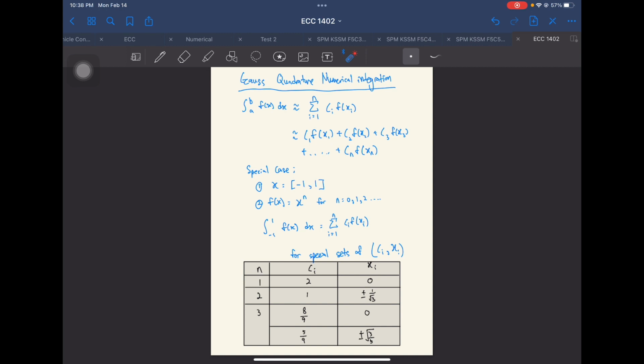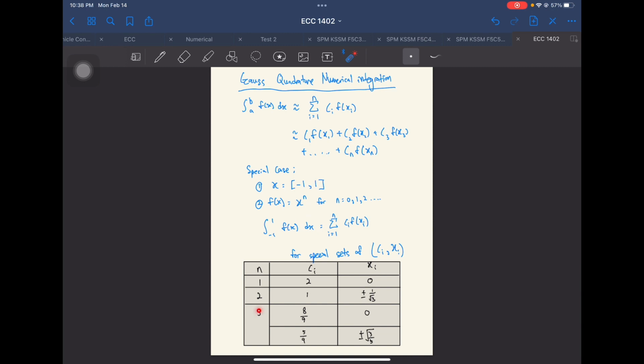So what to choose here? c1 and c2 are both equal to 1, and your x1 and x2 are plus minus 1 over square root 3. Okay, so you just sub in c1 f(x1) plus c2 f(x2). This is exactly equal to this whole thing.